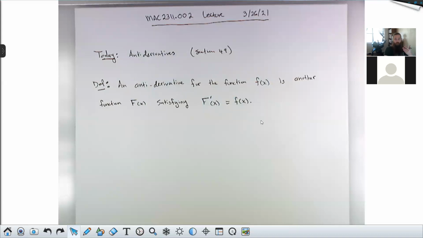Can you go backwards in the differentiation chain? We know how to go forwards in the differentiation chain. We know how to differentiate once, twice, 3 times, 4 times, however many times. We know how to take derivatives, but do we know how to untake derivatives? This is the question.